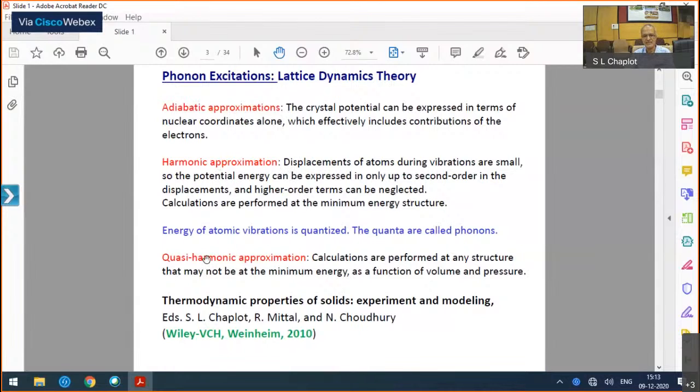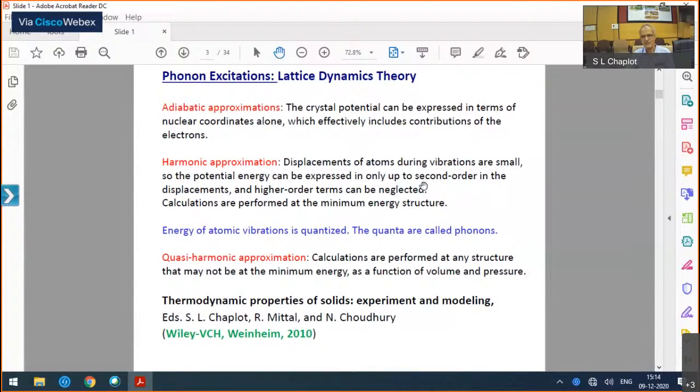But they may correspond to the specific pressures. So in a way, the change in the frequencies as a function of volume or pressure can be calculated under the quasi-harmonic approximation. We still assume that the temperature is low, such that the higher order terms in the expansion are negligible, and so the vibrations are still small enough.